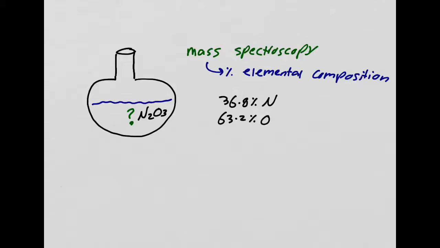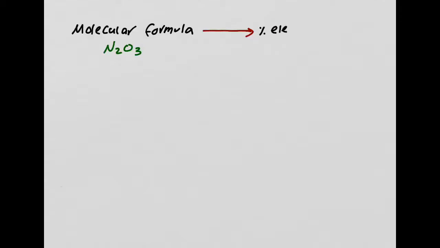Okay, now hopefully you're following me so far. Now what I'm trying to get to is that if I have the molecular formula, and the molecular formula in our last example was N2O3, you can easily figure out the percent elemental composition, right?